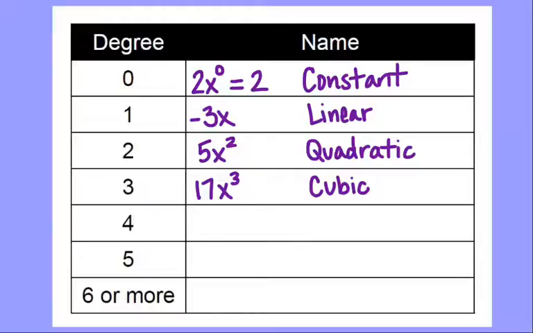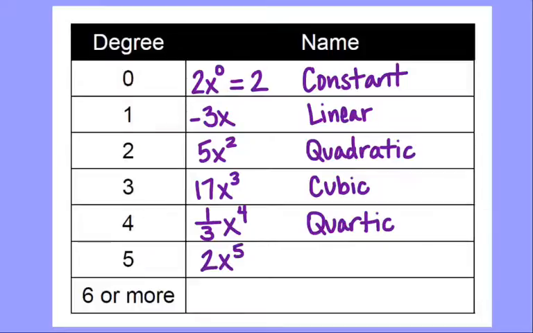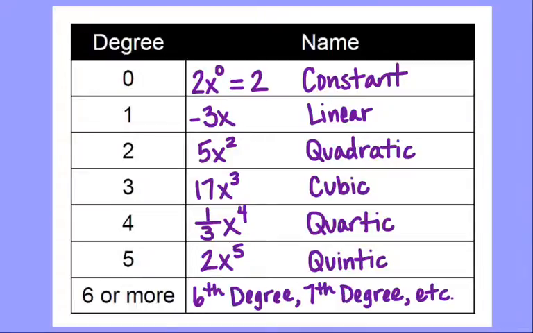Highest exponent is a 4, like 1/3 x to the 4th power. This would be a quartic polynomial. If the highest exponent is a 5, like 2x to the 5th, then this is a quintic polynomial. Now, any degree that is 6 or higher, we're just going to say that it's a 6th degree polynomial or a 7th degree polynomial.